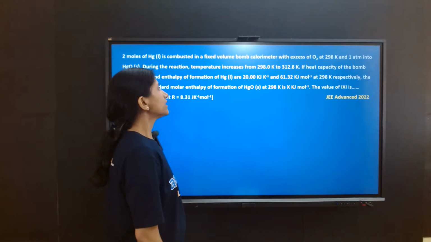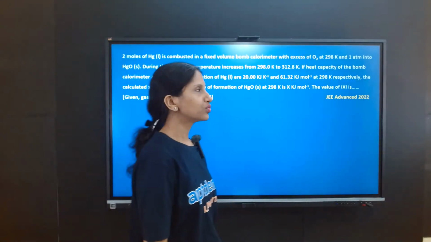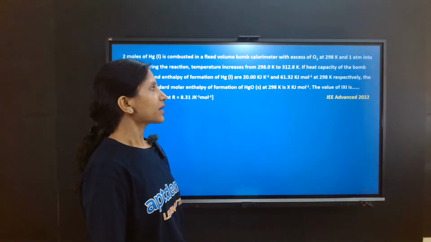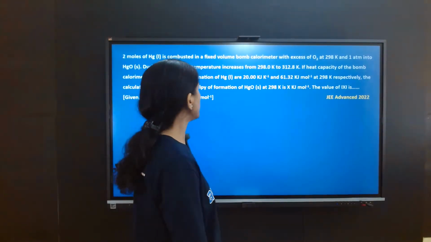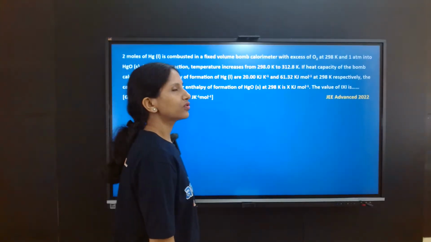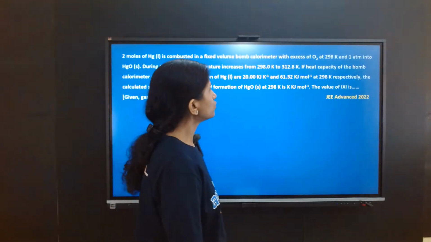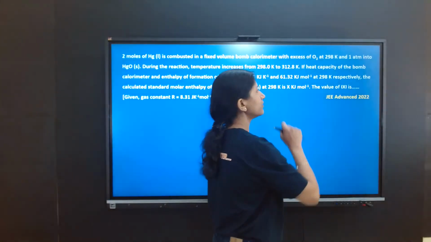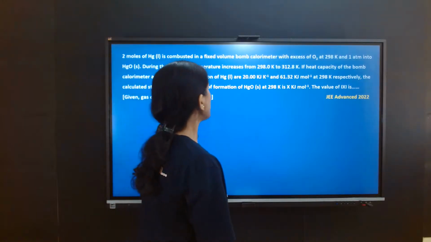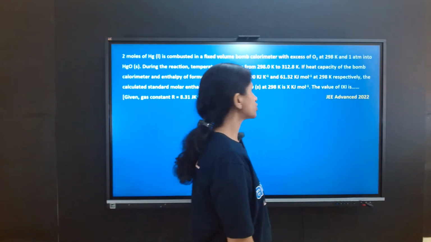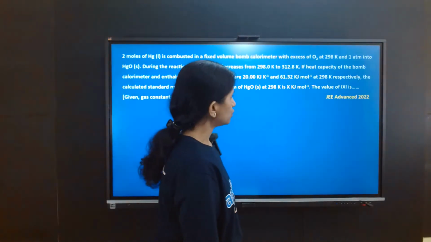During the reaction, temperature increases from 298.0 Kelvin to 312.8 Kelvin. If heat capacity of the bomb calorimeter and enthalpy of formation of Hg gas are 20.00 kJ per Kelvin and 61.32 kJ per mole at 298 Kelvin respectively, the calculated standard molar enthalpy of formation of HgO solid at 298 Kelvin is X kilojoule per mole.